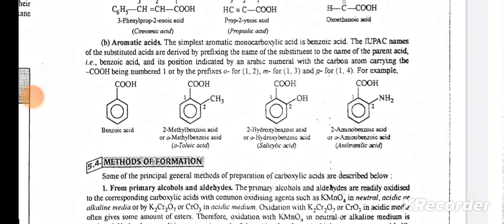The IUPAC names of the substituted acids are derived by prefixing the name of the substituent to the name of the parent acid, benzoic acid, and its position is indicated by an Arabic numeral with the carbon atom carrying the COOH being numbered 1, or by the prefixes ortho (2), meta (3), and para (4). For example, benzoic acid, 2-methylbenzoic acid, 2-hydroxybenzoic acid, 2-aminobenzoic acid.